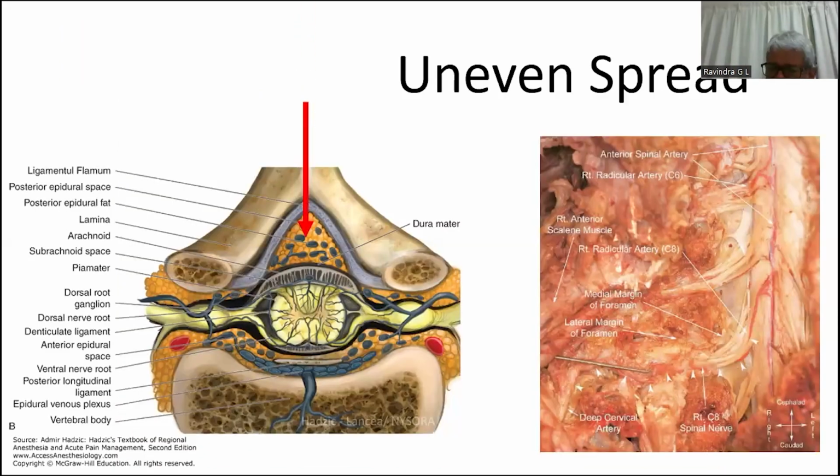Uneven spread. See, I have gone to the anatomy department in the medical college myself, broken open the spine, opened the spinal cord, the membranes, the epidural space. I have dissected it myself and tried to see what is there inside. The contents of the epidural space are so much that I am not surprised if my epidural does not act.